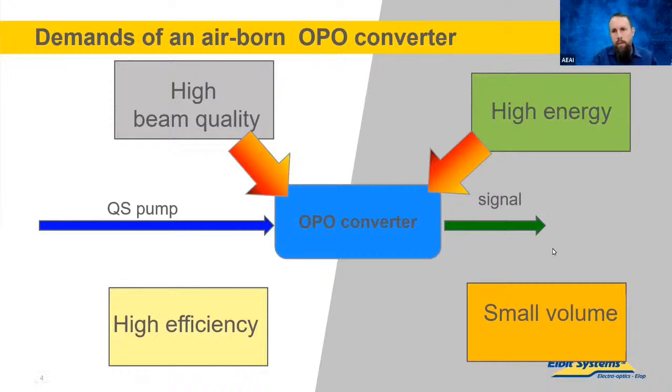This is an airborne system, so we will also be glad to have small volume. Actually, this is a very heavy requirement of such a product. And since we consume our energy from the platform, which has a small amount of energy, we need to have also high efficiency, because we're taking our supply from some kind of a battery.